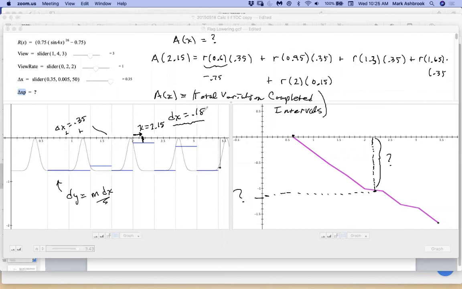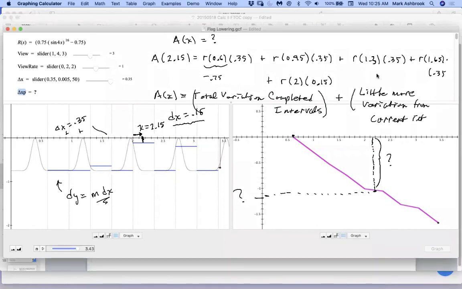That was adding up these first four m dx's, plus a little more variation from the current interval. That's going to be the structure of it.